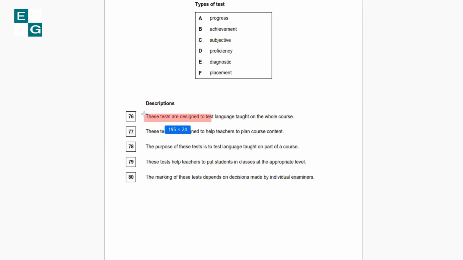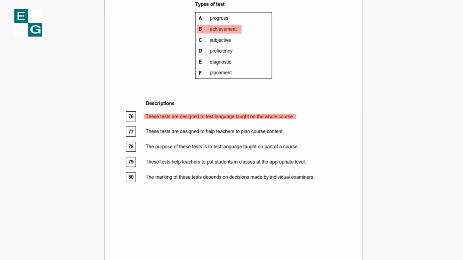These tests are designed to test language taught on the whole course. The whole course, that is an achievement test about how much you achieved on the whole course, not one unit or module or chapter, the whole course.